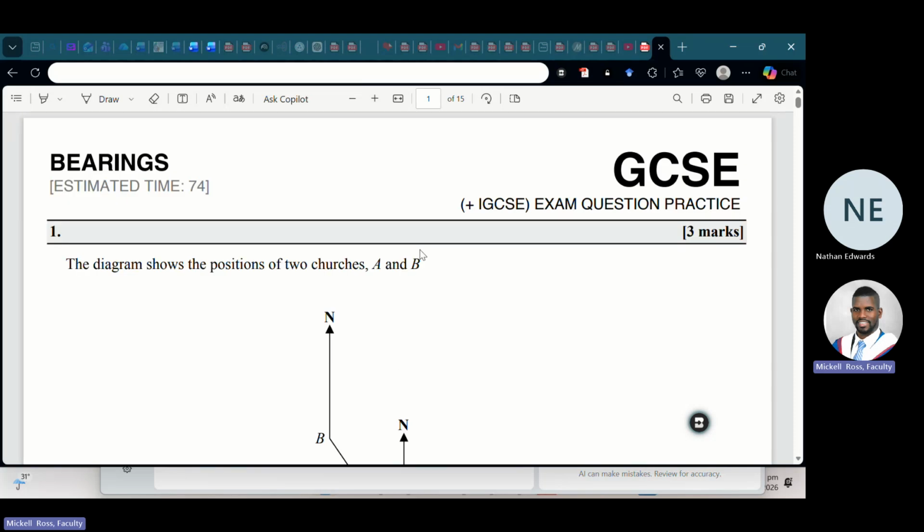Bearings is a way of telling direction. Let me just make a note of something.